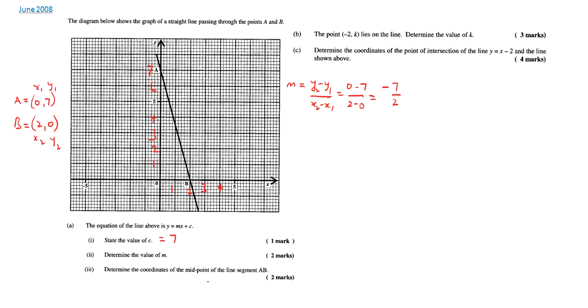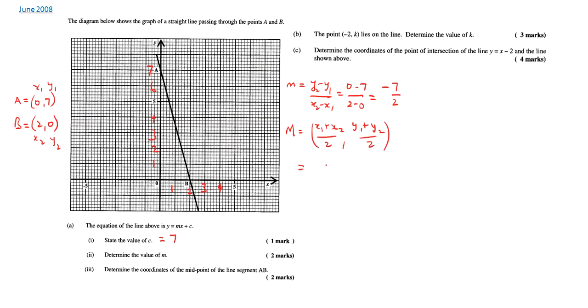Next part is determine the coordinates of the midpoint of the line segment AB. So we know that the midpoint, big M, is (x1 plus x2) over 2, (y1 plus y2) over 2.